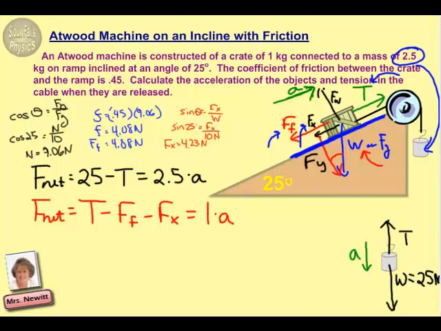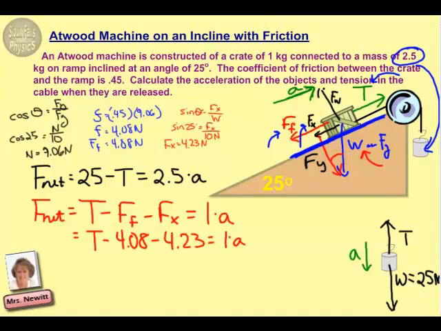Finally, we are now into doing the algebra. And again, at this point, there's a variety of different ways that you could do this. We'll go ahead and use substitution, but there would be a couple of other ways that you could do this as well. First, we'll put in our numbers for the crate. The force of friction was 4.08. The x component of the weight was 4.23.